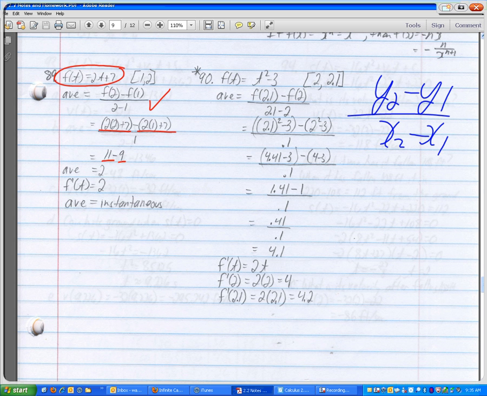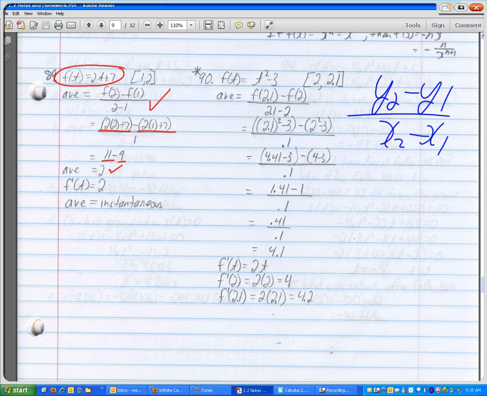So 11 minus 9, which is 2, over 1, 2. So the average rate of change from t equals 1 to t equals 2 is 2. 2 what? I don't know. 2 feet per second, 2 miles per gallon, 2 something. Okay, they didn't tell us the units, so we don't know 2 what's, but it's 2 something per something.